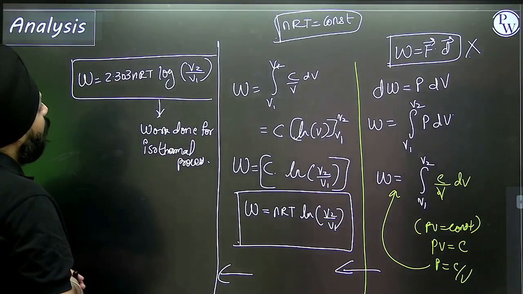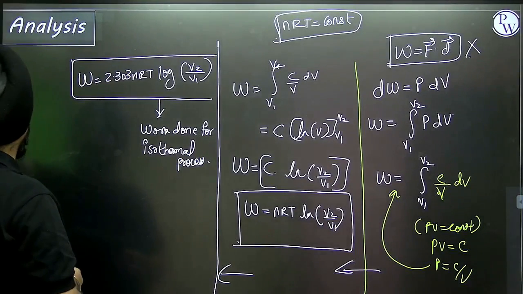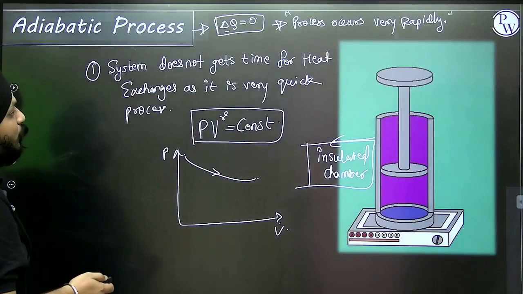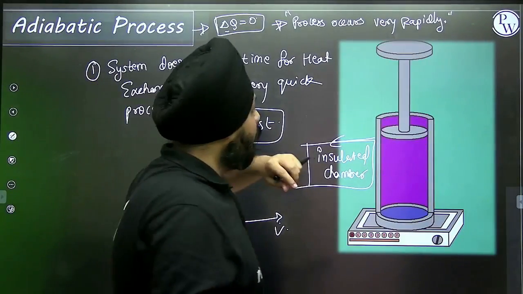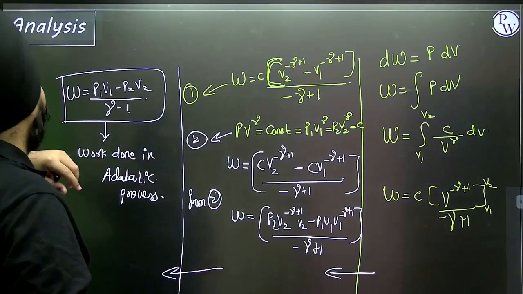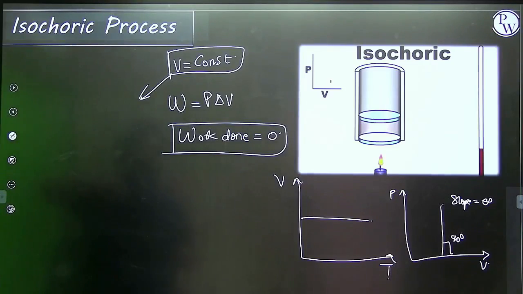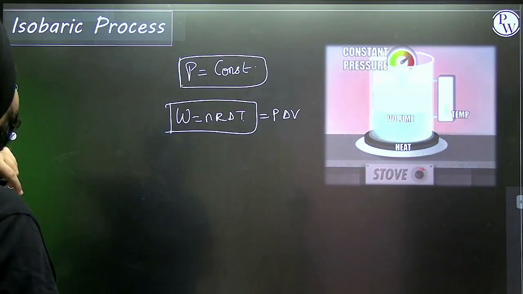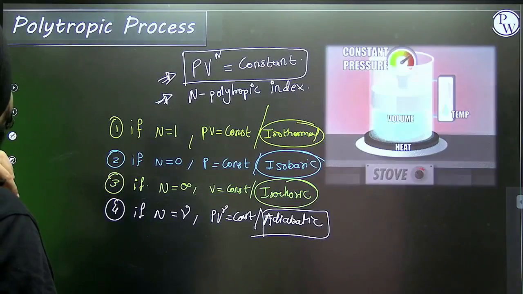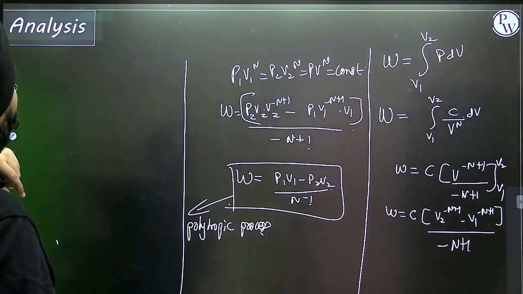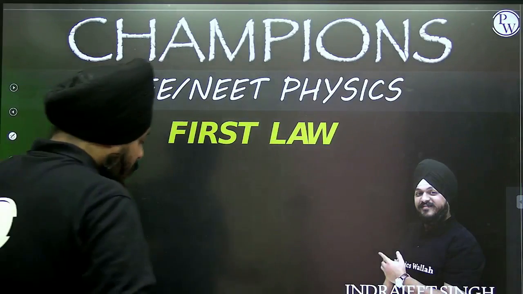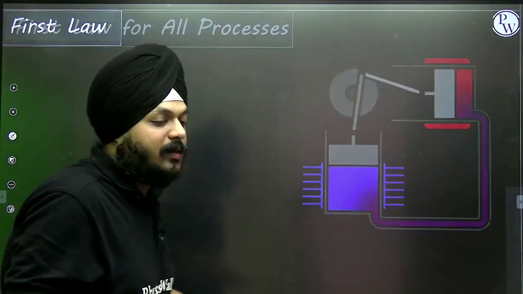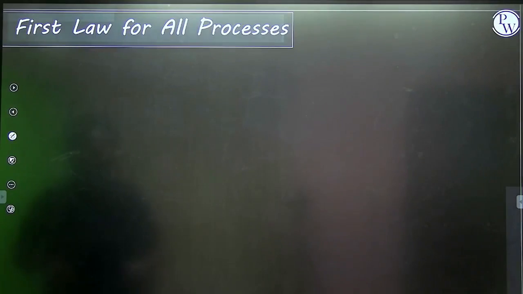Some issues are there because of the visualization. I'm extremely sorry. After that, we moved on to the next type of process, the adiabatic process, and its work done. Then the isochoric process and its relevant work done, the isobaric process and its relevant work done, and the polytropic process, its relevant work done, and how the value of the polytropic index is getting changed. Internal energy. Now let's move on to the first law.